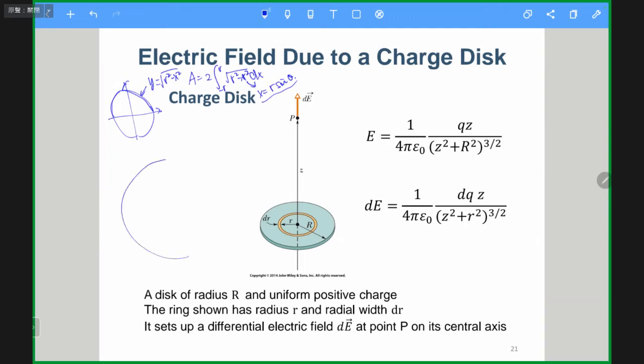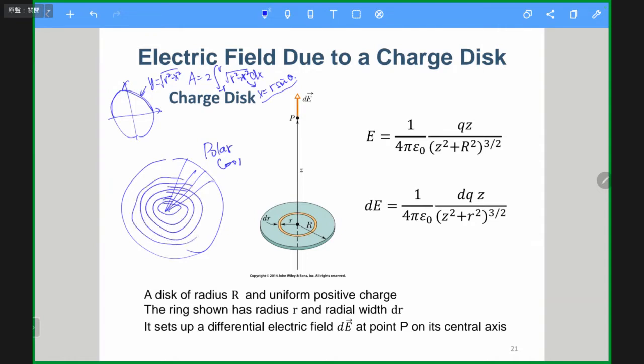we can also try to cut this using polar coordinates, so that it will look like this. Then the computation will be easier.